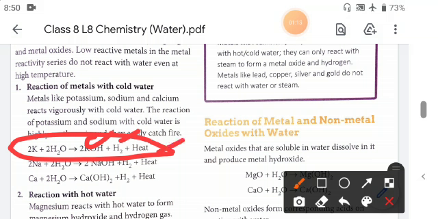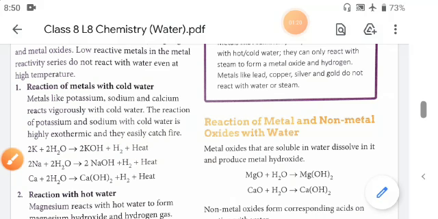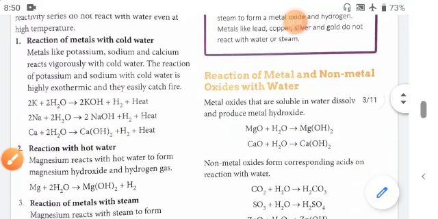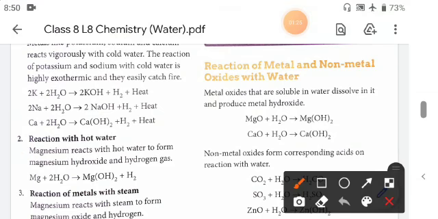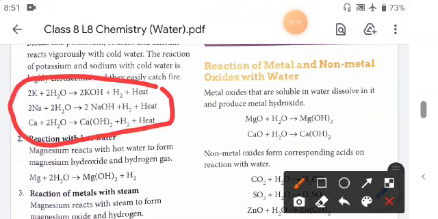That means heat is produced in all these cases when cold water reacts with these highly reactive metals. This is an exothermic reaction.